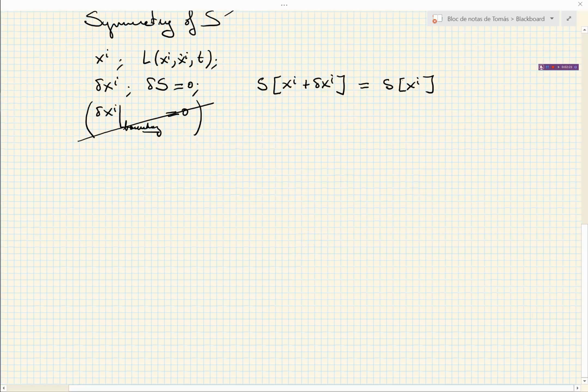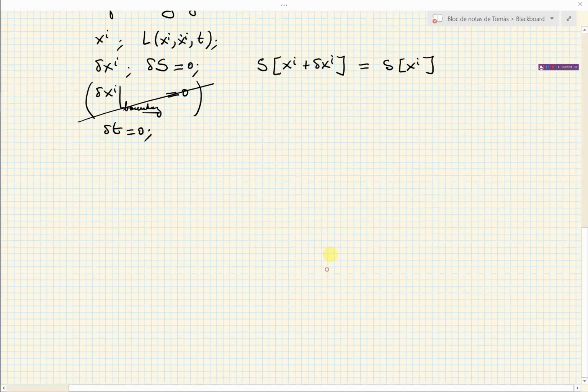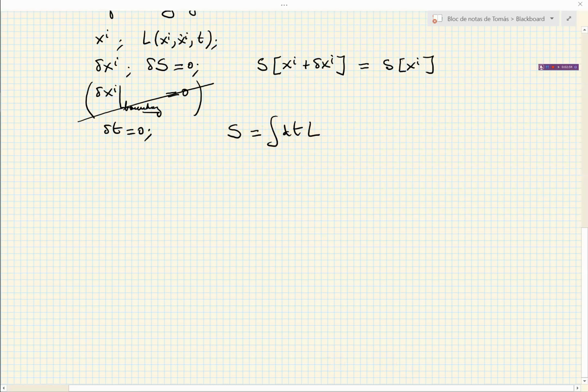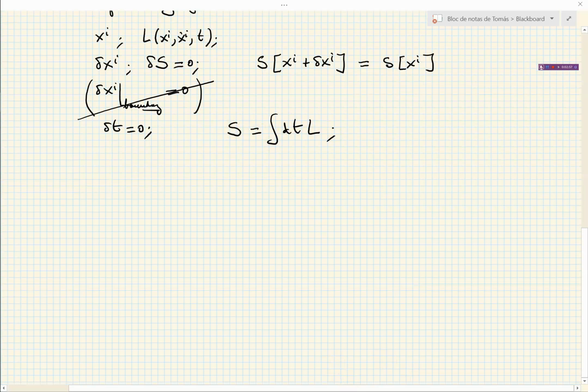Another observation which is important is that we are only varying the variables xi, not the time, which is the parameter on which the xi's depend. Here, delta t is 0 by assumption. This is important because when we take into account that S is the integral over time of the Lagrangian, then if we vary the action, there is no d of delta t or anything like that.